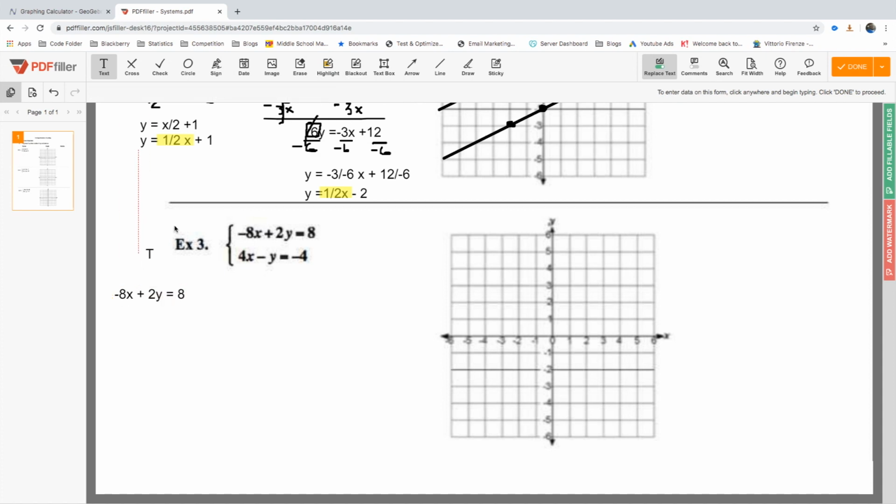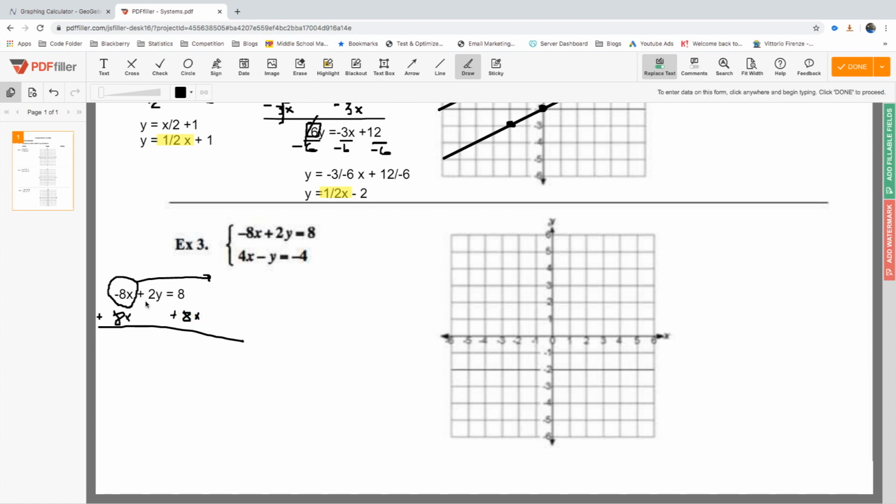And the first thing I want to do, of course, is move this negative 8x. I've got to move it. We can only do that using addition and subtraction. It's already being subtracted, so I've got to add. I'm going to add 8x on both sides.